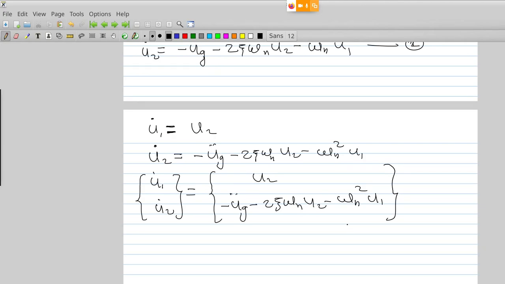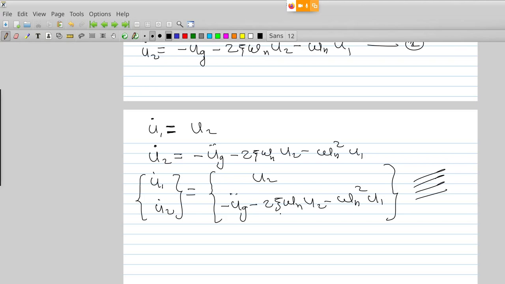Instead of directly writing it in matrix form, let us write it like this. So this is the basic equation that we are going to use. This is what we need to implement in our Octave. And sir told you how to write this equation as a matrix expression as well. You can write it as a matrix expression or keep it as it is. It doesn't matter. Right now, for simplicity's sake, we will keep it as it is.